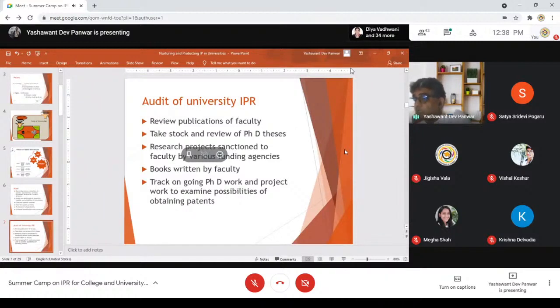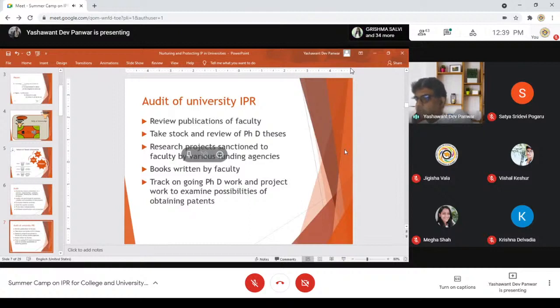And the book written by the faculty, will it be in the individual's name? There has to be a policy of the institute on how you can own intellectual property rights, and how you can share them with the institute, with the faculty, with the students. Those can be handled by policy.